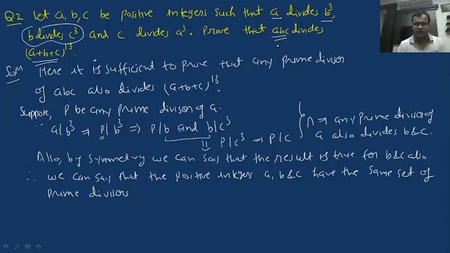Now what we have to show? We have to show that ABC divides (A + B + C)^13. For this, what we want to show? Any prime divisor of ABC also divides (A + B + C)^13.